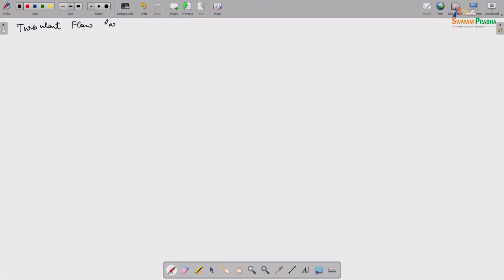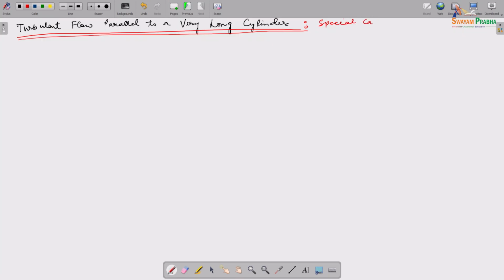parallel to a very long cylinder. Right? Well, this is a special case of 3D axisymmetric flow.